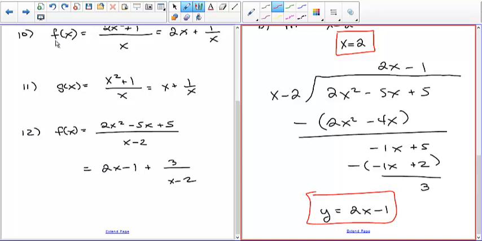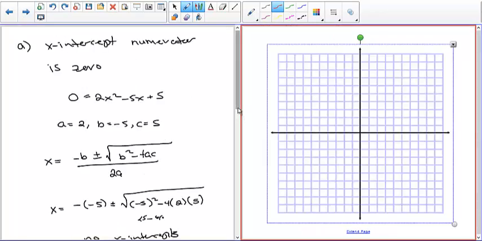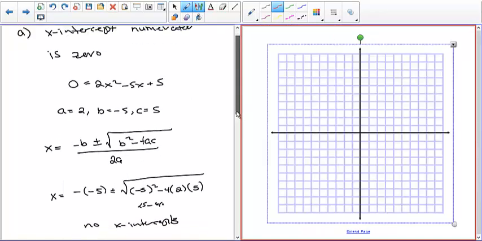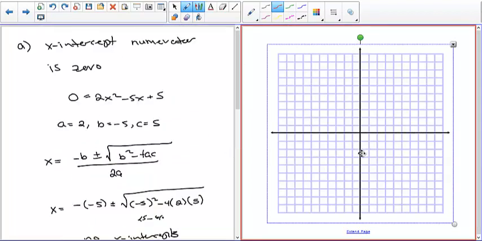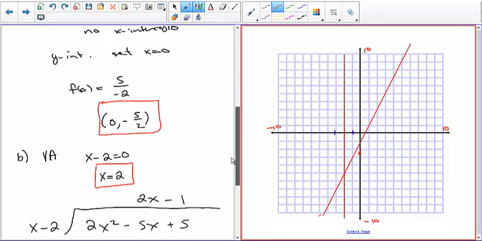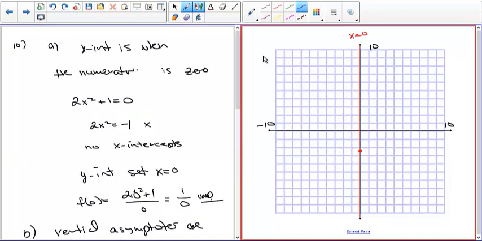Okay, so let's do what we know. Okay, there are no x-intercepts. The y-intercept is negative 5 halves, which is right here. Okay, well, we also need to plot the vertical asymptote, which is a vertical line at x equals 2.